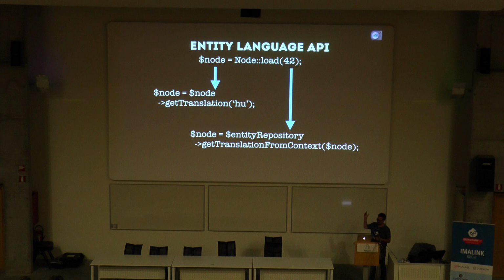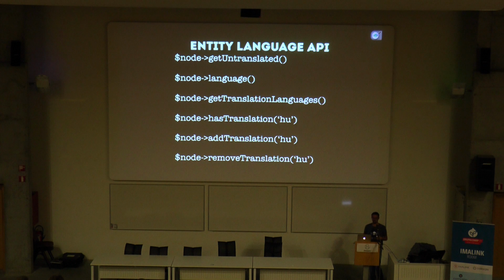So you have getTranslationFromContext in the entity repository. You can call that one, and it will get the proper translation that should be shown in the page you are in, based on the negotiated language.